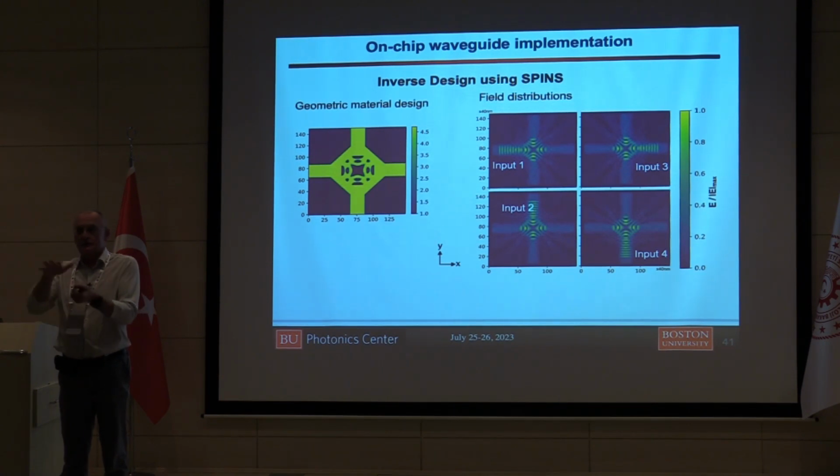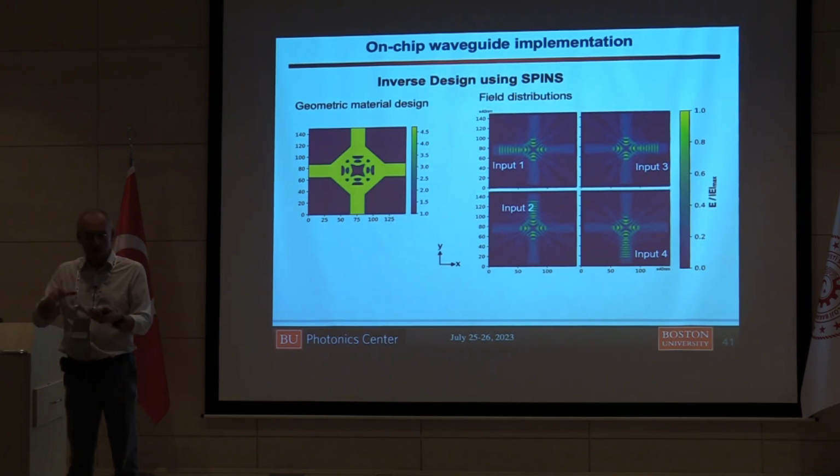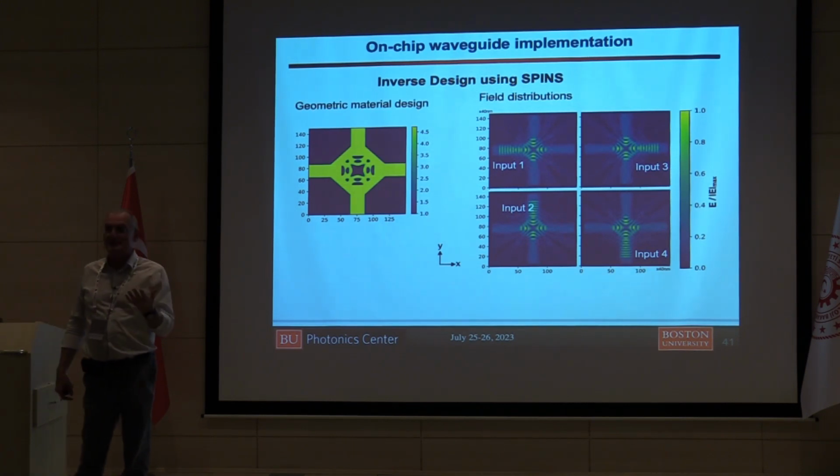And the first thing is, no unique solution exists. It's just some distribution of silicon or silicon nitride, but it satisfies the boundary conditions. So it looks sometimes ugly. You don't know what's inside, really kind of strange. But if you put light here, then it goes where you want it to go. And this was for light distribution, and this is intensity.